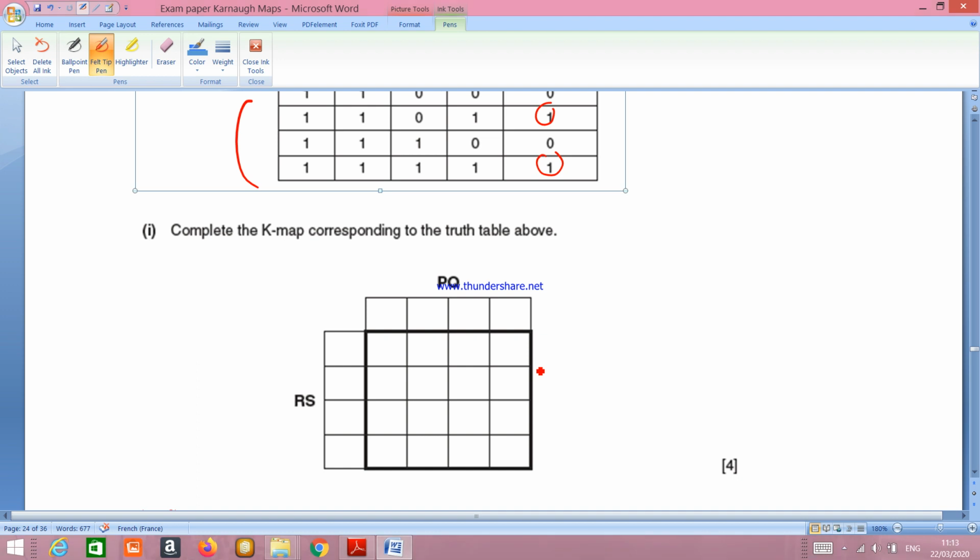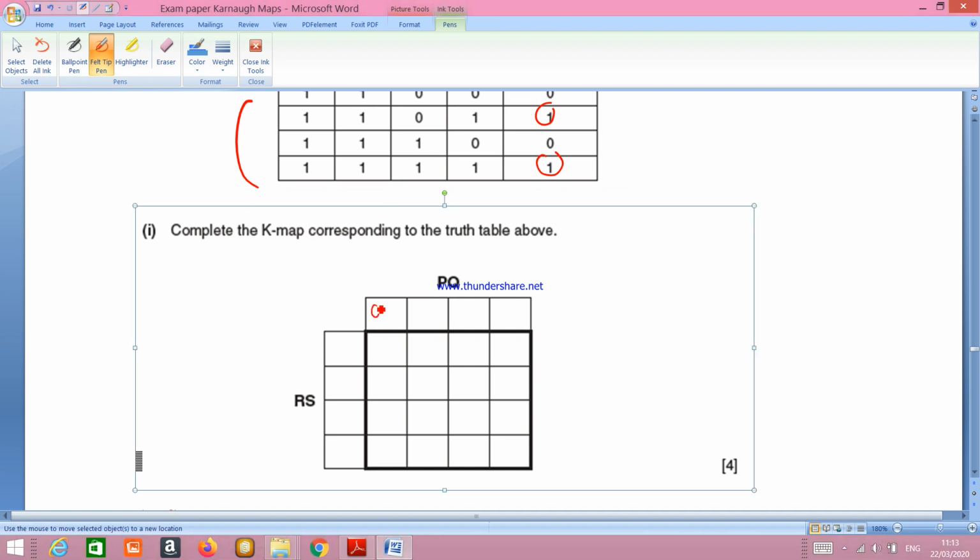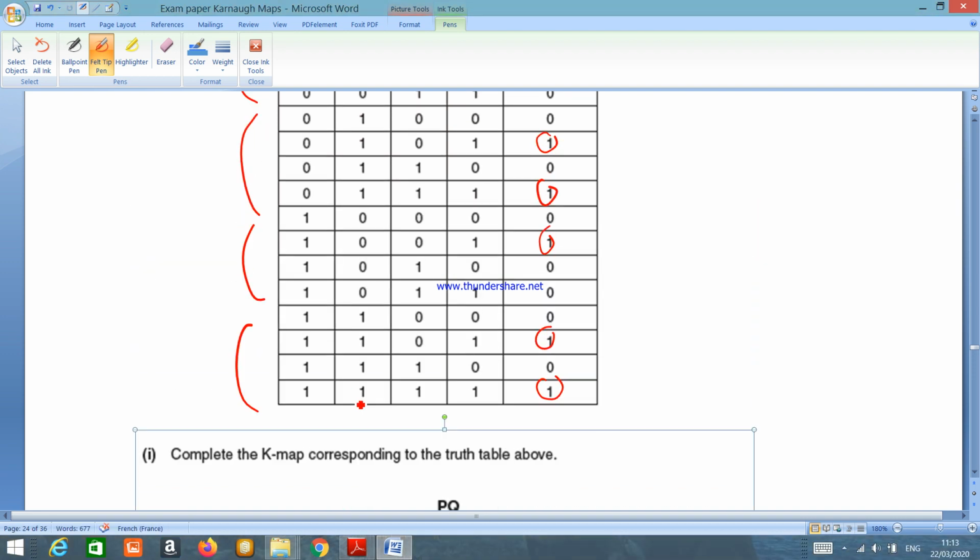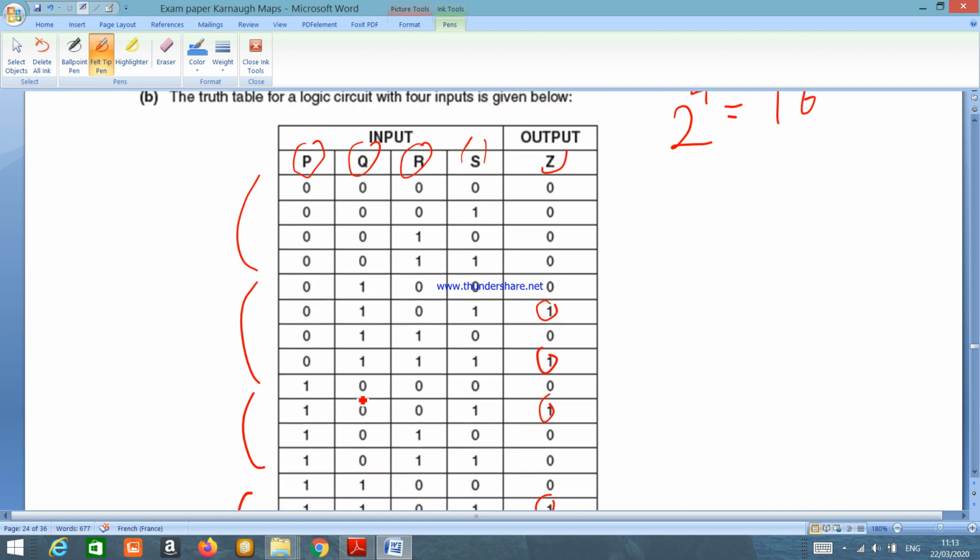So this is PQ 0, 0, 0, 1, 1, 0, and 1, 1. This one now, let's have a look at it. It's 0, 0, 0, 1, 1, 0, and 1, 1. Now, when we go up, we can see that PQ is 0, 0 here, and all the answers are 0.